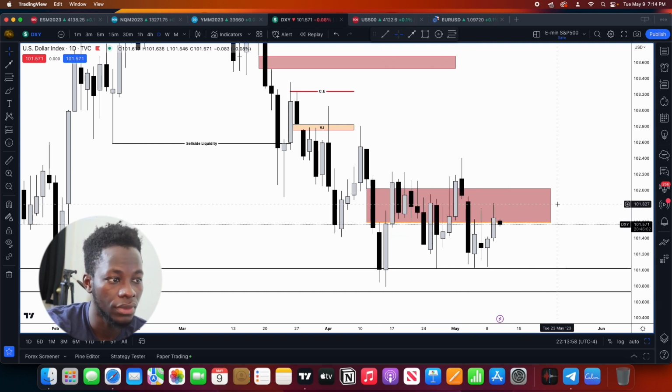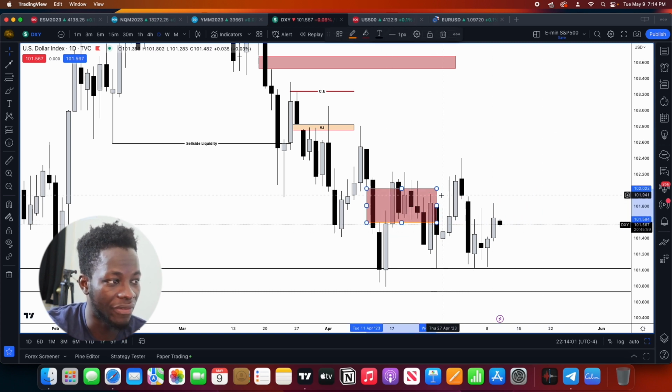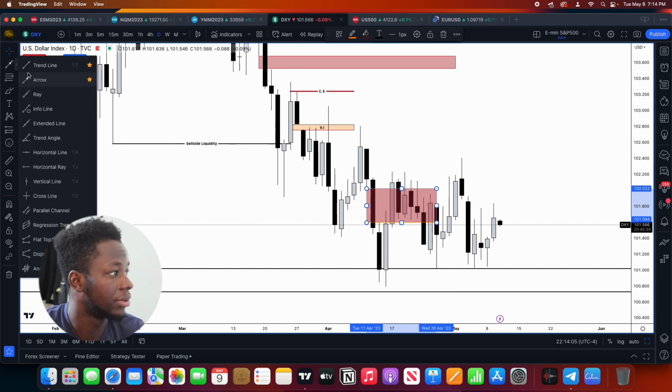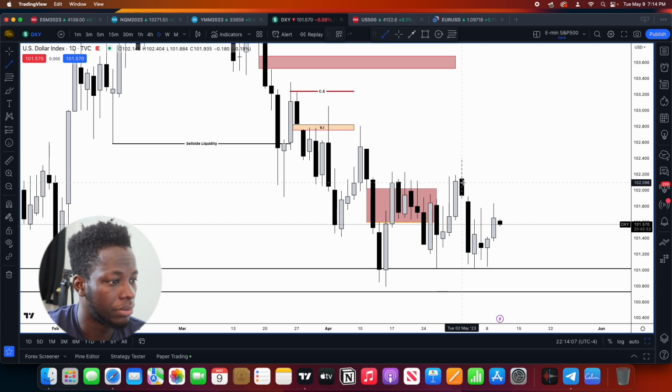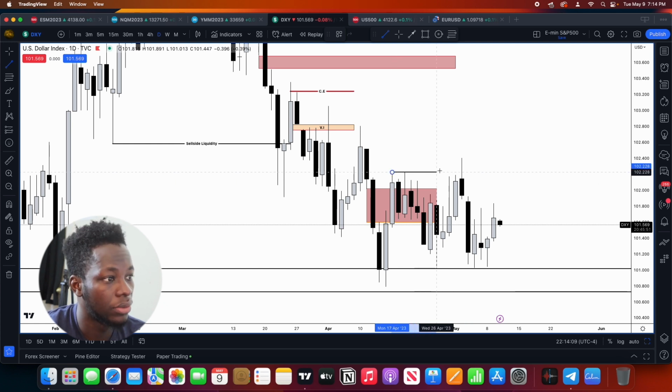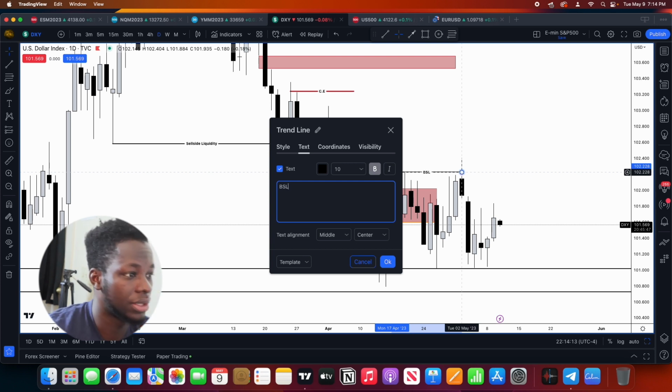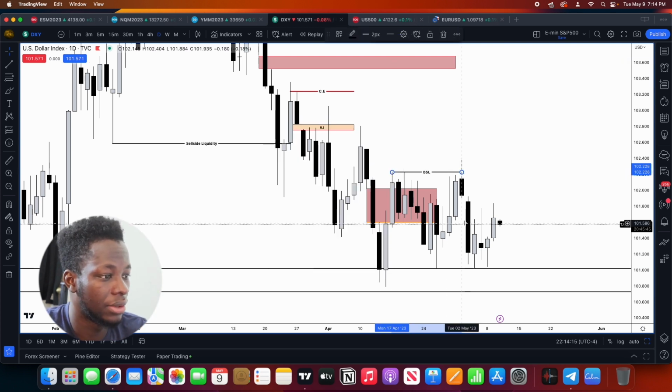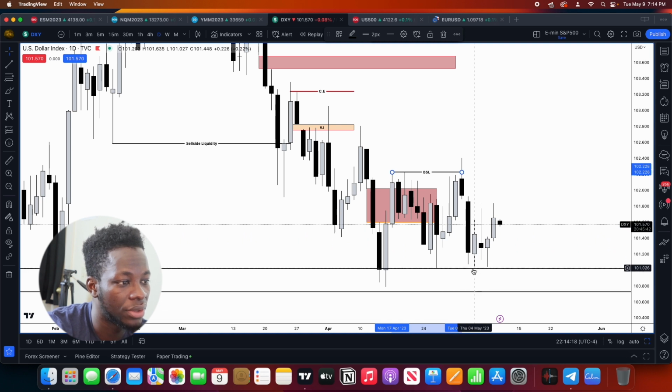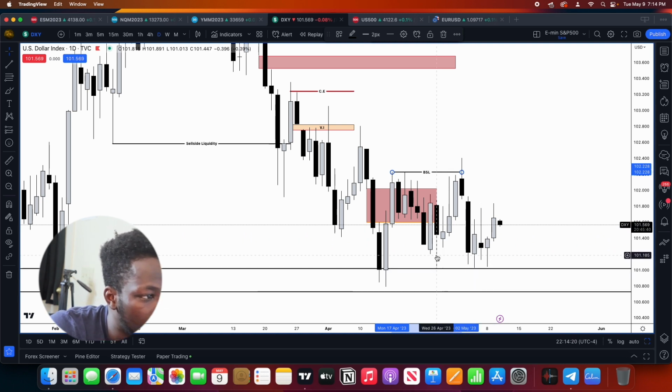Besides that fair value gap, we have a run on buy side liquidity right here on May 2nd. We had a buy side run, and then we traded to this level, where we have that shift in structure.